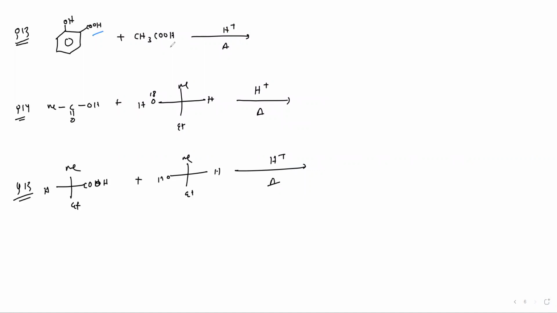Here OH and H. Look, in this case, why is this stuff not removing? Because the reagent is acetic acid. If the reagent is acetic acid, then H and OH removal takes place.